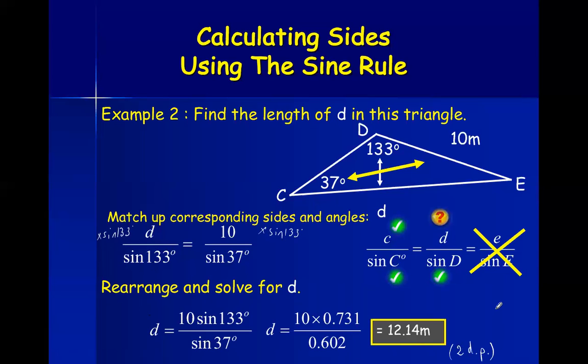See, rearranging for D, in the top line where it's 10 sine 133, and then the next part just below, you've got 10 times 0.731. Is that because you work out sine 133 first before timesing it by 10, or can you just do it in your calculator, times sine 133, and cut out that next bit?